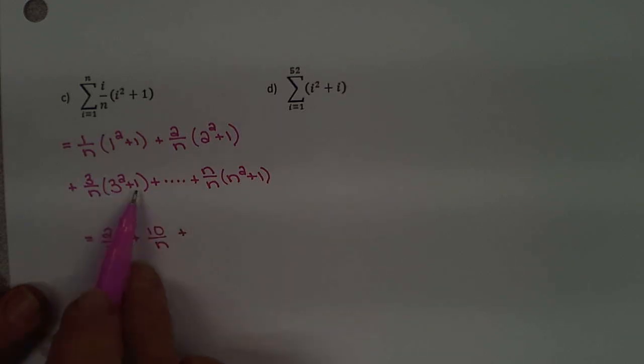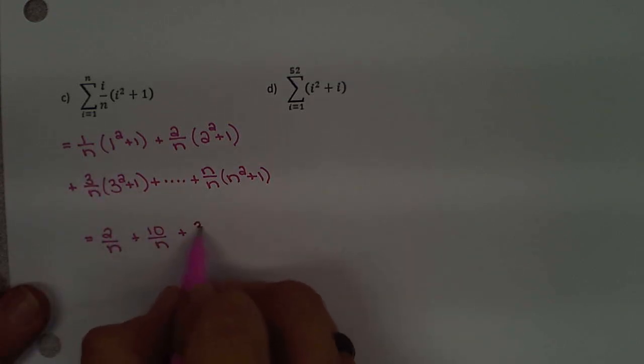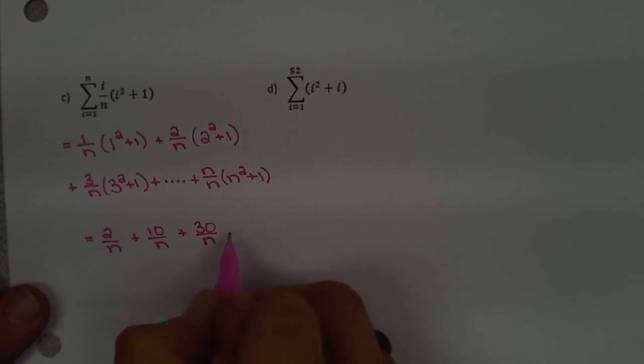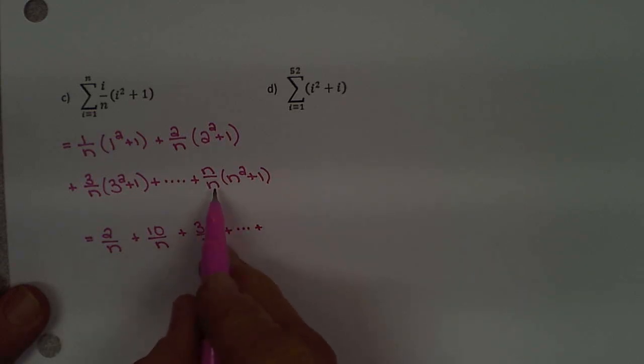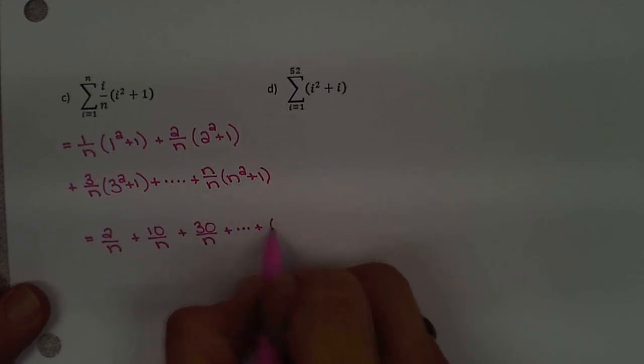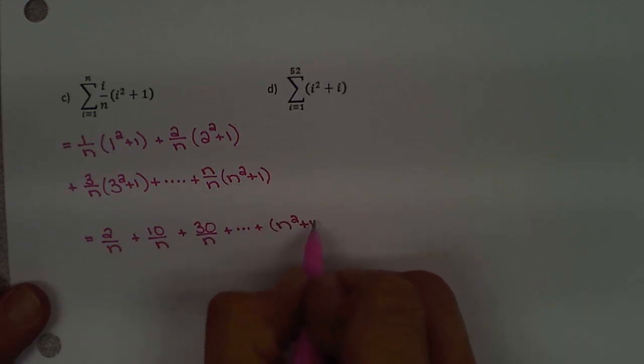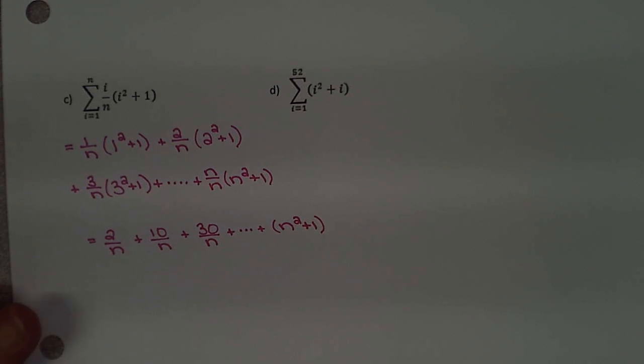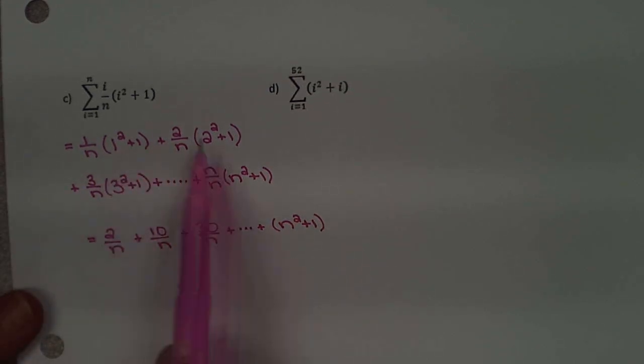Here 3 squared is 9, 9 and 1 is 10, 10 times 3 is 30, so that's a 30 over n. All the way out to here, an n over n is just a 1, and then we've got our n squared plus 1. So you could do that, but really it's perfectly okay just to stop right here.